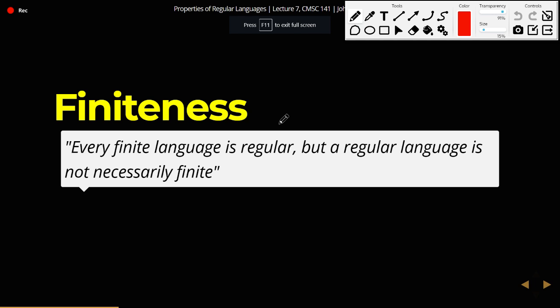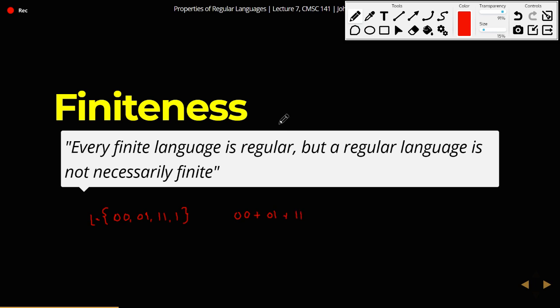For example, if the language contains the following strings: 00, 01, 11, and 1. If these are the four strings in the regular language, we could just write an equivalent regular expression with just the union of all strings, right?